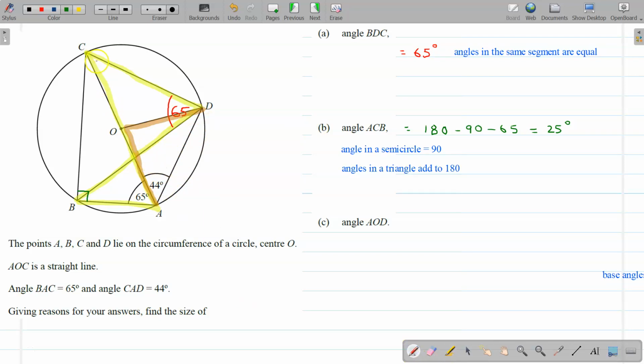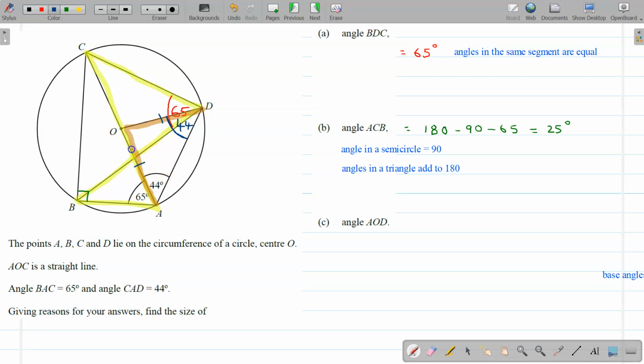These two lengths here, that length and that length, are the same because they're both radii of the circle. So therefore, if this is 44, this angle from here all the way round to here is 44 as well. Base angles of an isosceles triangle are equal.